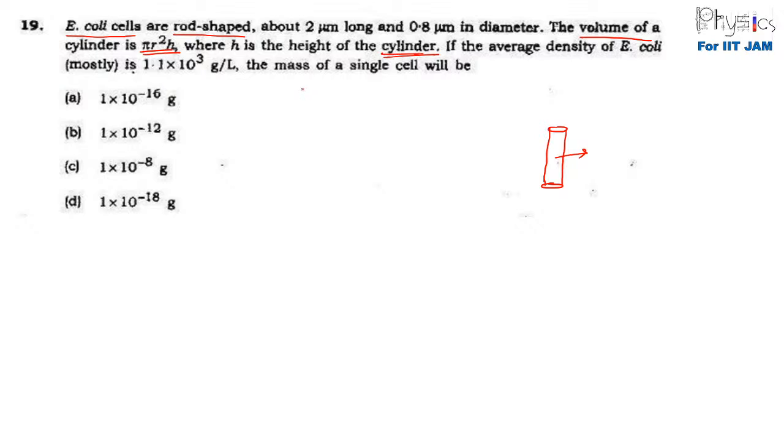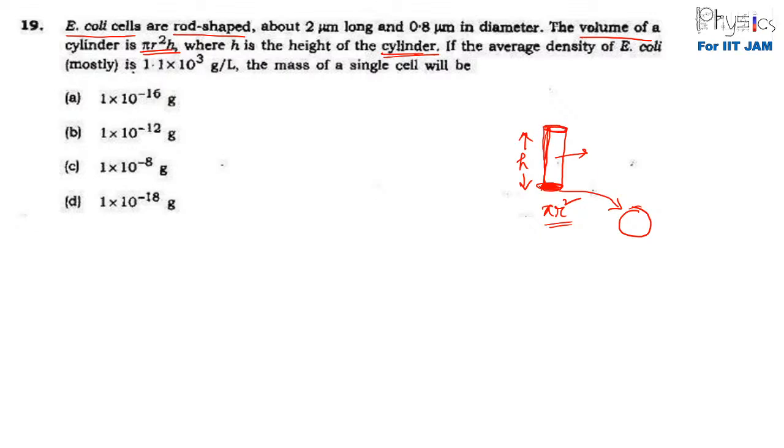That is the area of this side is pi r square because this is a circle, right? So the area of this is pi r square, and to calculate the volume we should multiply pi r square by h, that is the height or length of the rod or cylinder, whatever you say.